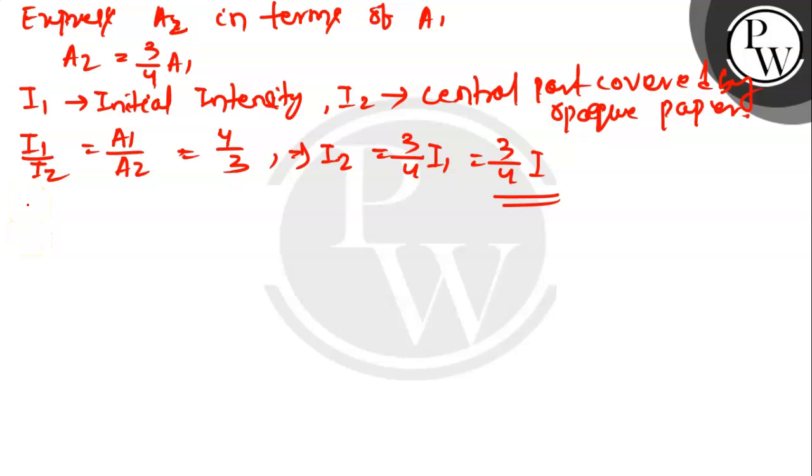So we'll discuss what happened to the focal length. The focal length remains the same when the central part of the aperture up to diameter d by 2 was blocked by an opaque paper, because the entire image will be formed by the light rays that were not blocked by the opaque paper.